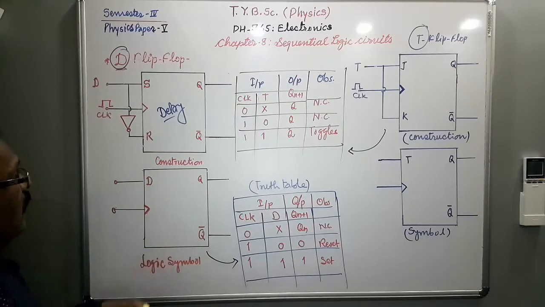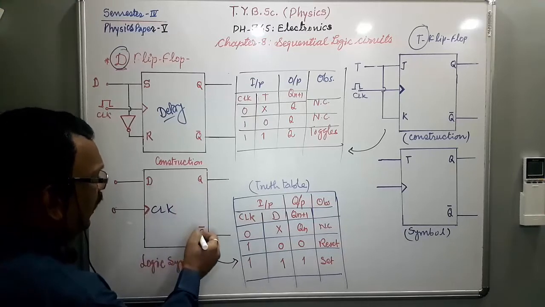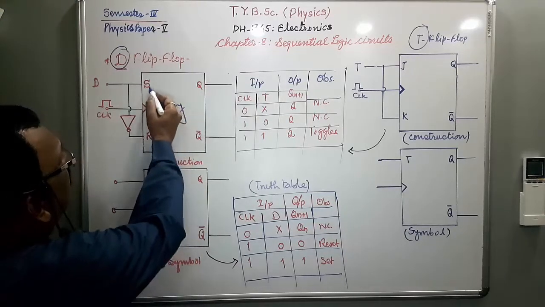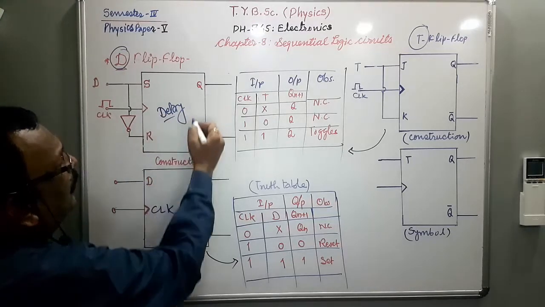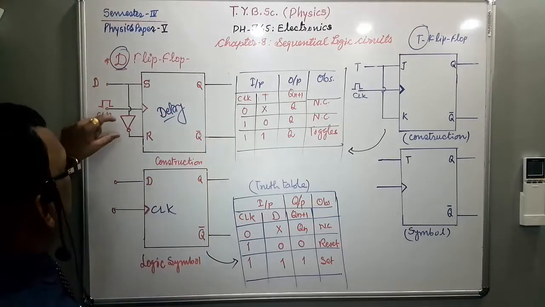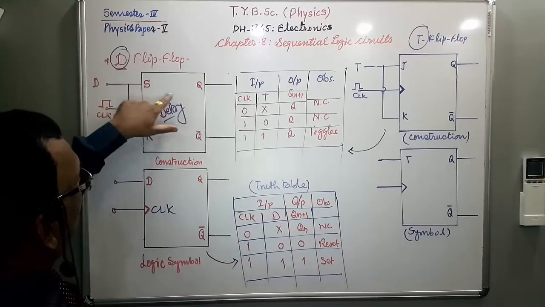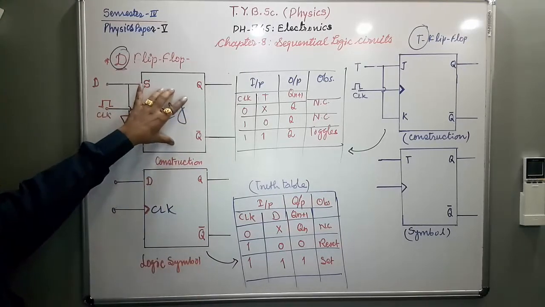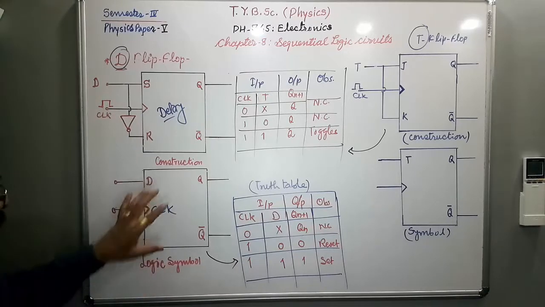Here this is clock, this is D, this is Q, and this is Q bar. Here this is S, this is the clock pulse, this is R, this is Q, and this is the complement of Q, and this is the inverter. The D flip-flop or delay flip-flop is constructed in this manner. That means we simply introduce the inverter between S and R, and this is the symbol.